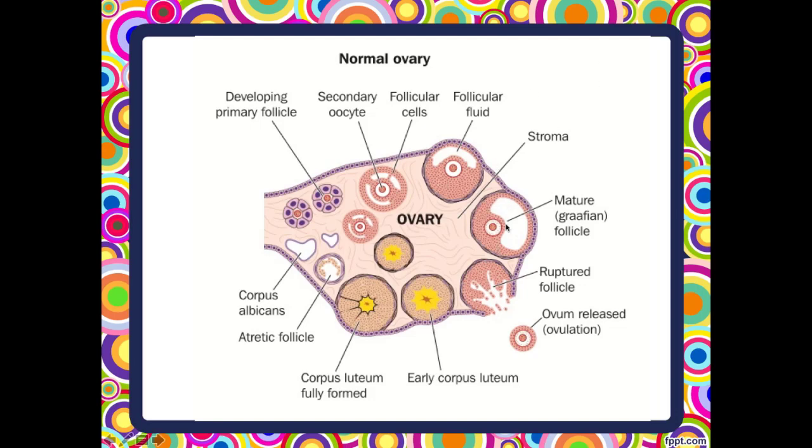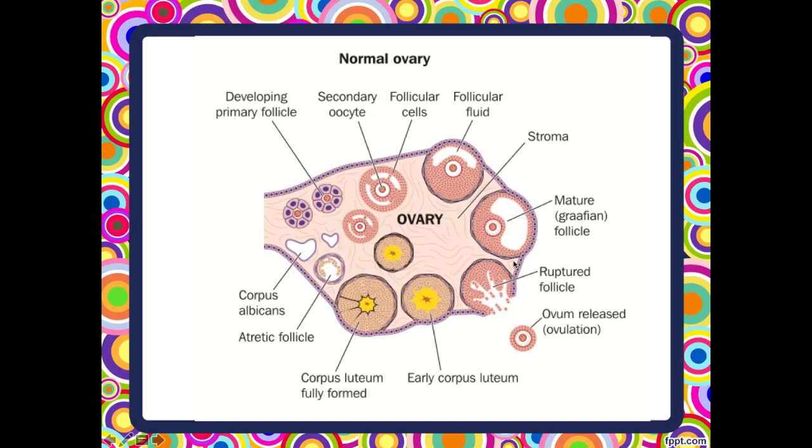The Graafian follicle has one antrum filled with fluid. The oocyte is moved to one side of the follicle to create the cumulus oophorus. It's an accumulation of granulosa cells around the oocyte, and it bulges to the surface of the ovary like a stigma, the stigma folliculi.